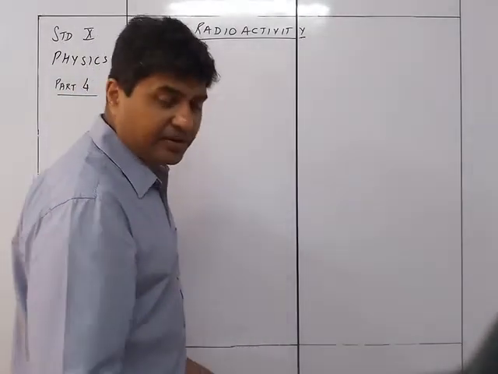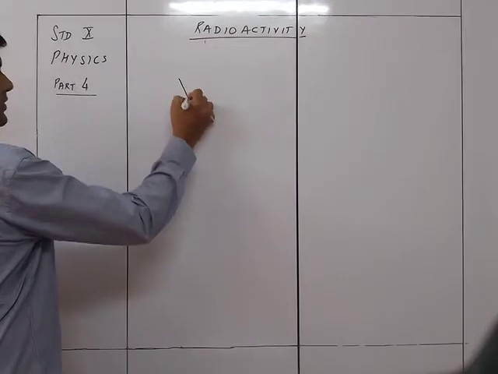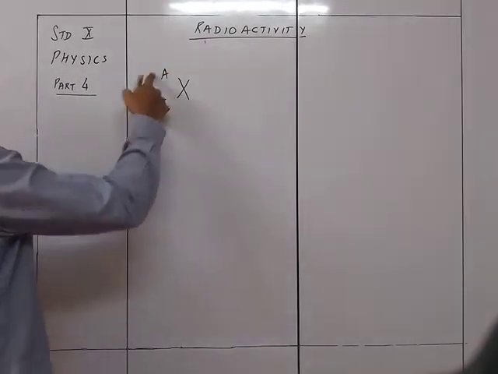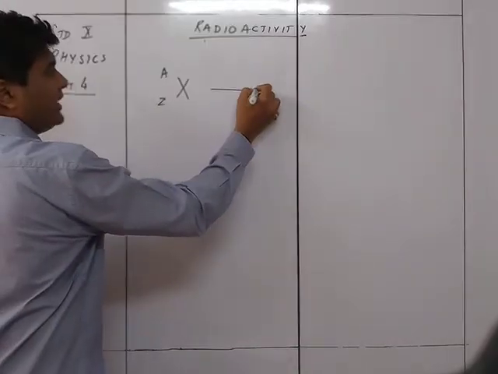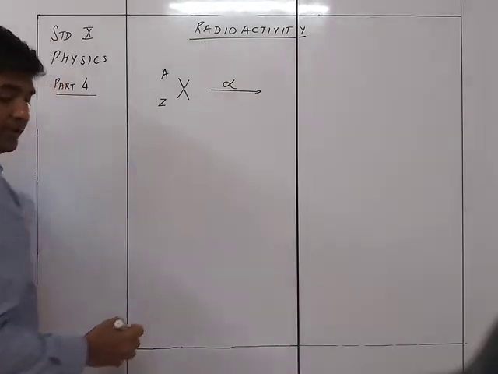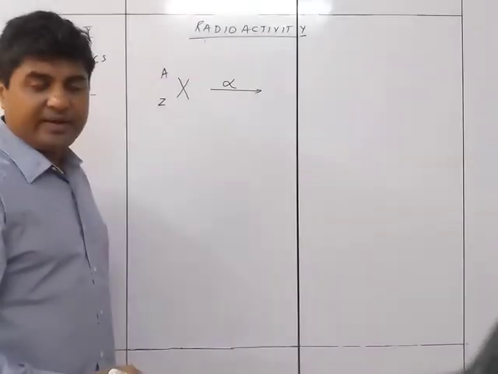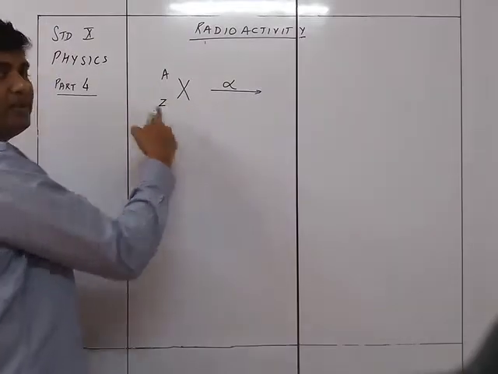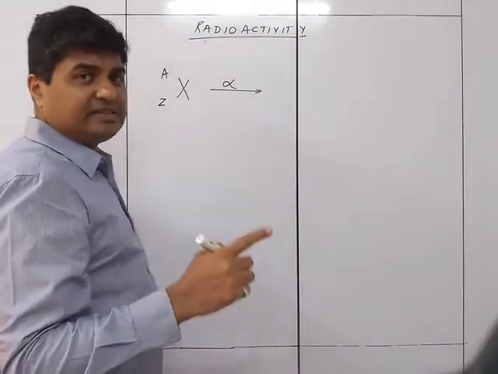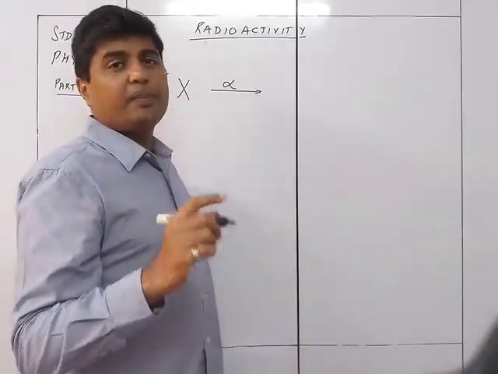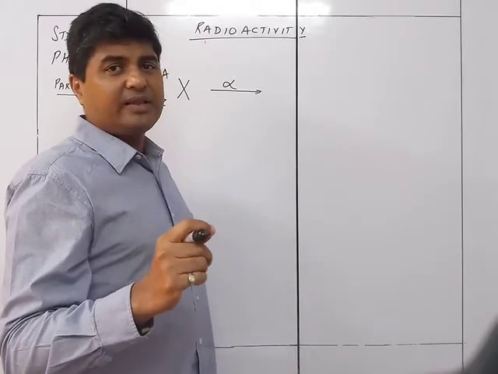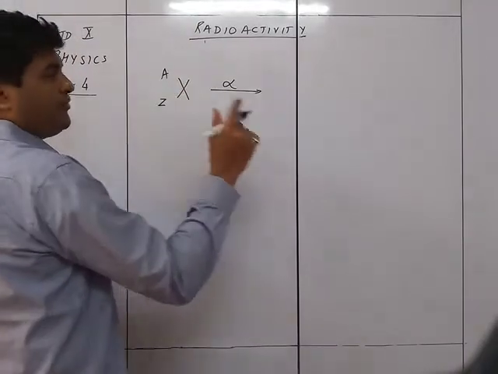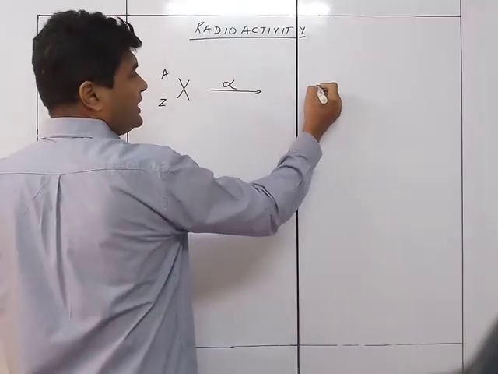If I see an alpha emission for a body X, which has atomic mass A and atomic number Z, then when an alpha radiation goes through, the name of course will change, because it's no longer going to be X. X is for a particular atomic number, but here the atomic number is going to change by 2, and the mass is going to change by 4.